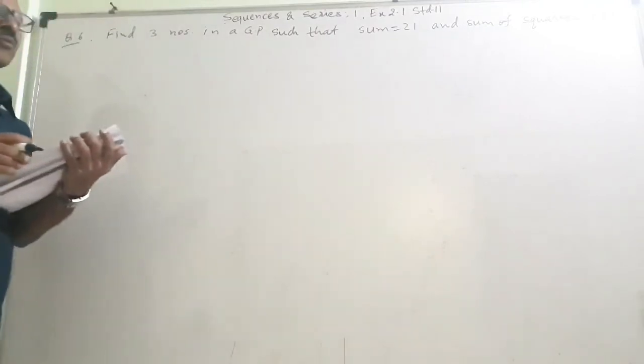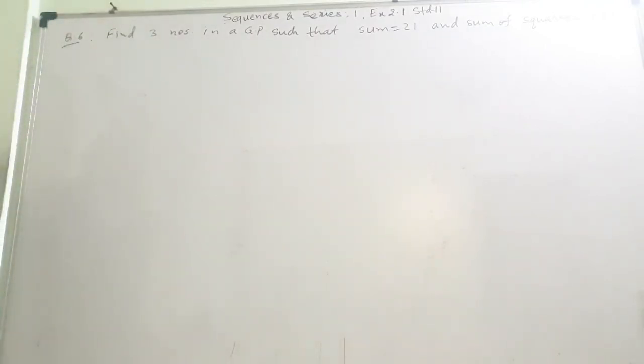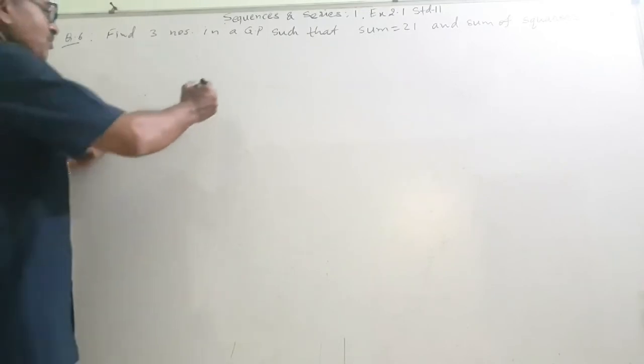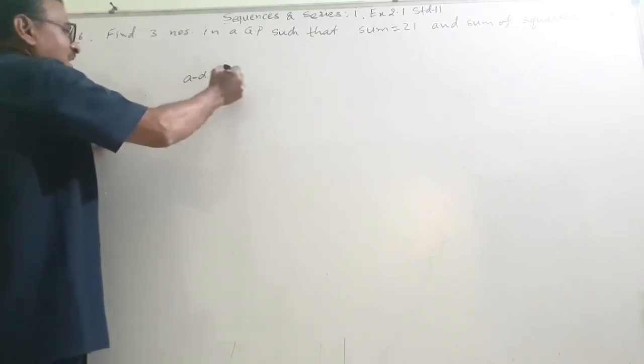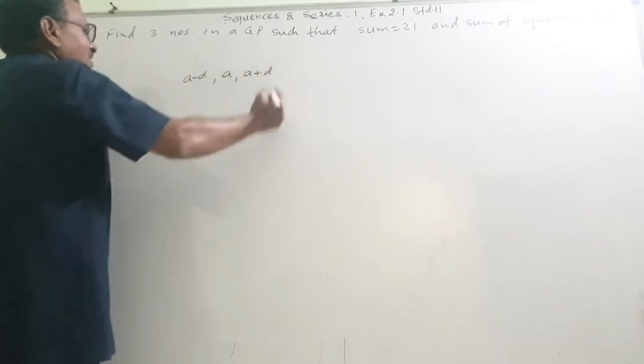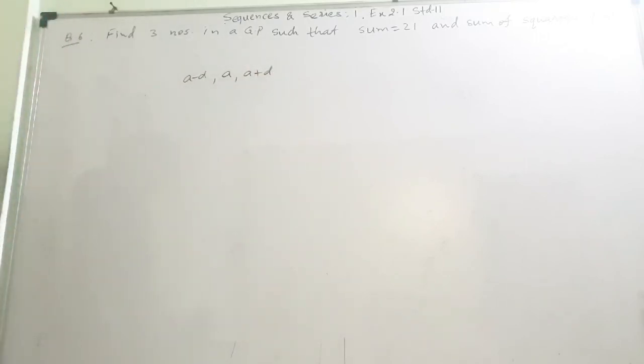While assuming in the AP, we were assuming the 3 terms like this: A minus D, A, and A plus D. This way we were assuming for the AP.